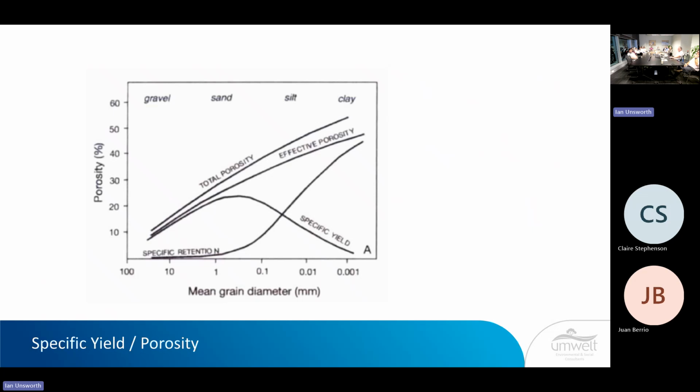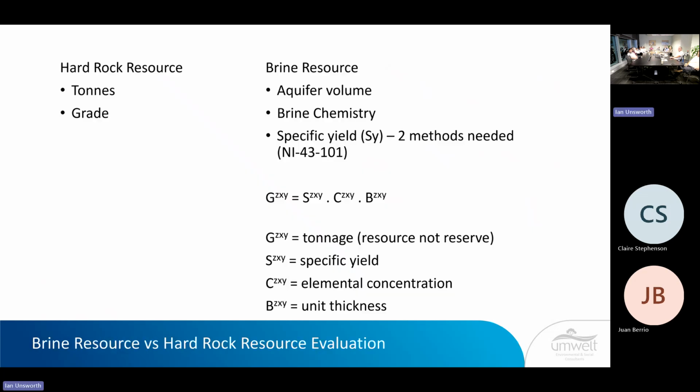JORC's a bit more up to date these days. They do mention specific yield. And sorry, just to go back one, NI 43-101 has two independent methods of specific yield. It's not just one method. They ask for two if you're going to use that particular reporting code, which, we might see later, might be a bit problematic.